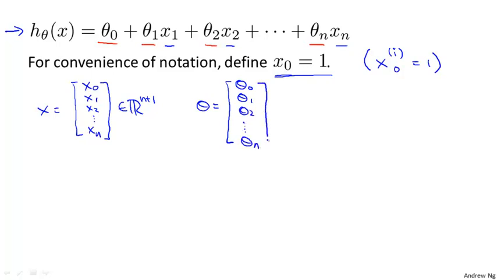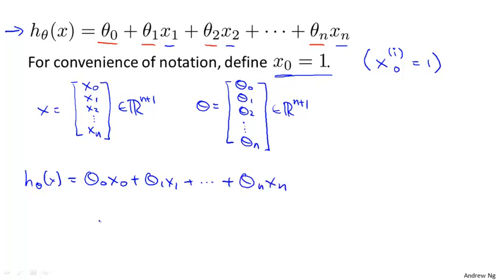This is another 0 indexed vector, indexed starting from 0, that is another n plus 1 dimensional vector. So my hypothesis can now be written theta 0 x0 plus theta 1 x1 plus dot dot dot up to theta n xn. And this equation is the same as the one on top because x0 is equal to 1.